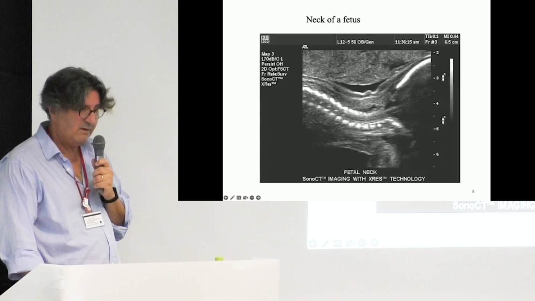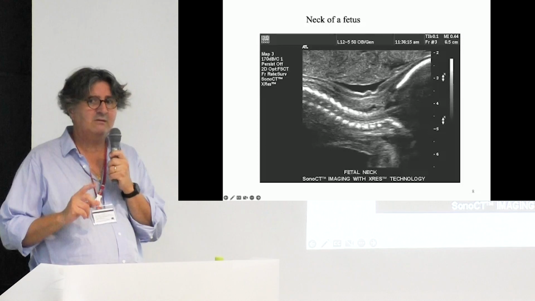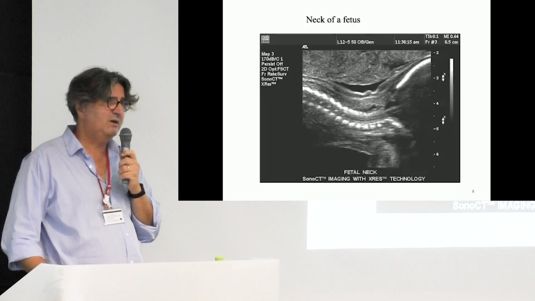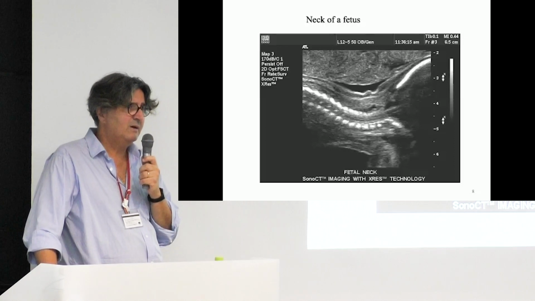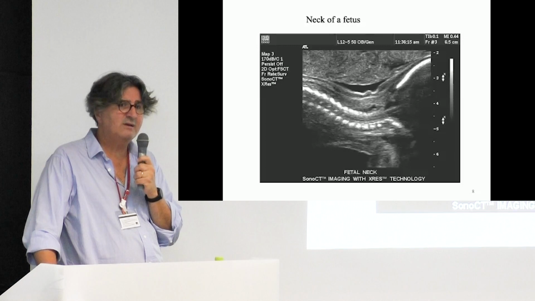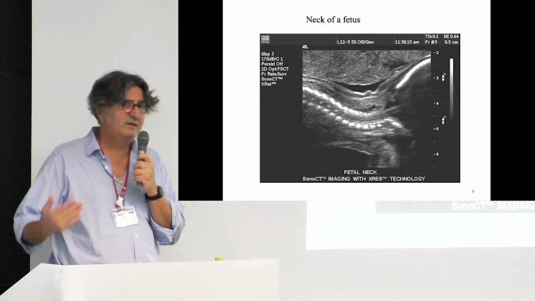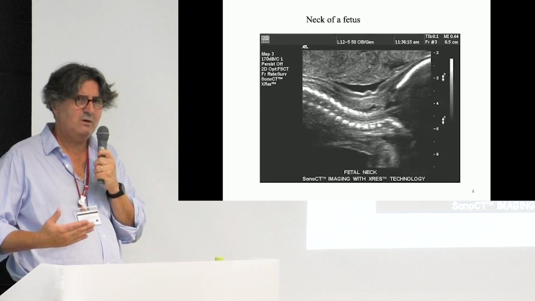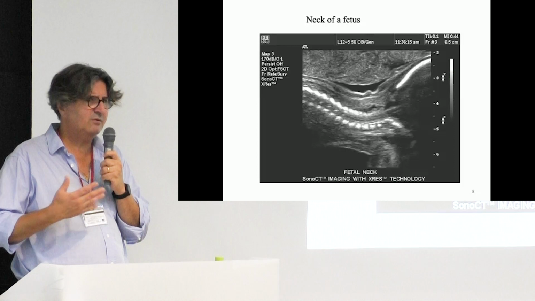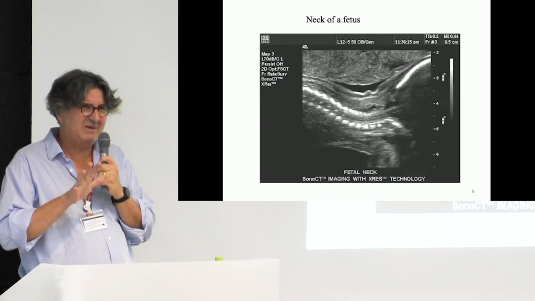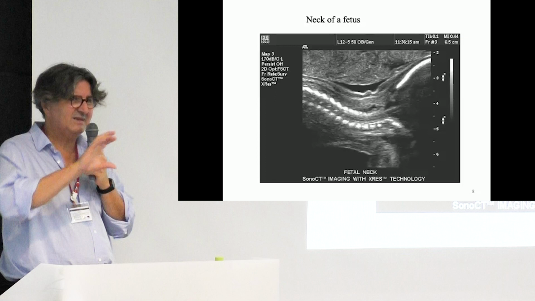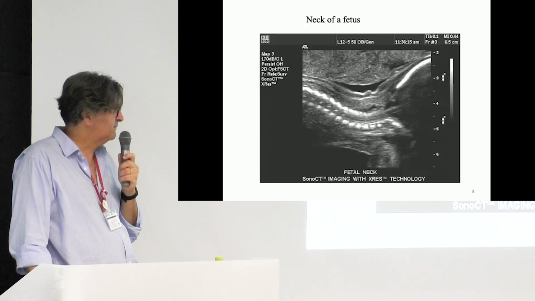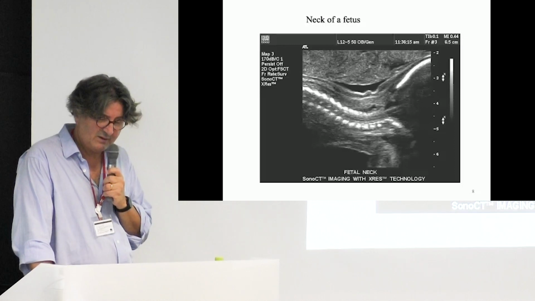Because the thickness of the neck can be an indicator of several pathologies for the baby. And especially trisomy 21 can be detected by measuring the thickness of the neck. So it is an indicator of whether you will do what we call an amniosynthese, or I don't know the word in English, but I think it should be quite close, an amniocentesis analysis. So that is the first type of illustration that you can see.